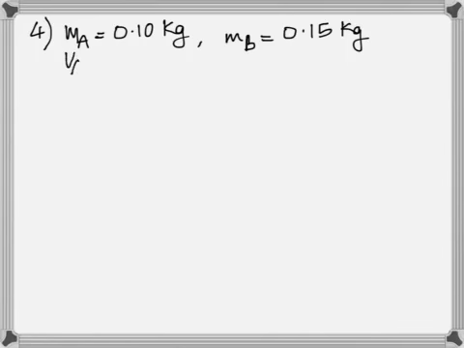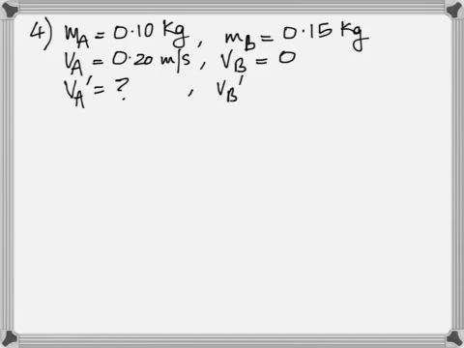In question 4, the mass of the first object is 0.1 kilogram, the mass of the second is 0.15 kilogram. The first object is moving at 0.2 meters per second. The second object is initially at rest, so it's 0.